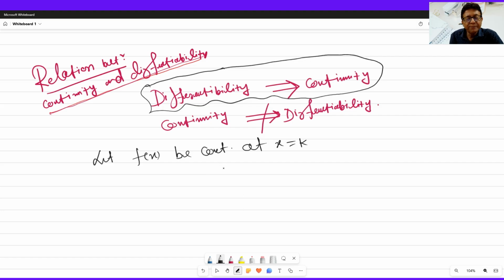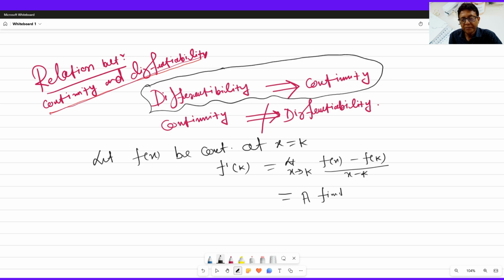So what does this mean? That f dash k equal to limit x tending to k f(x) minus f(k) by x minus k. This limit will have a finite value. This is a finite quantity.